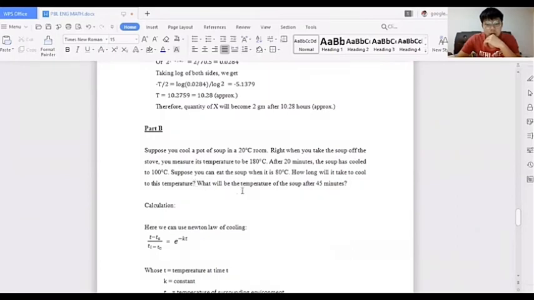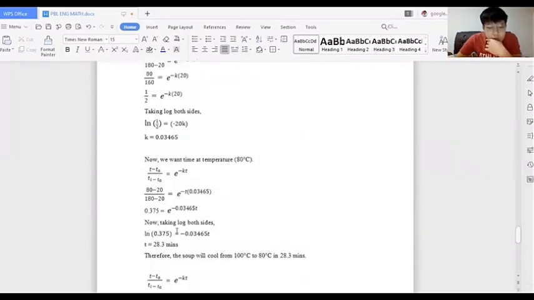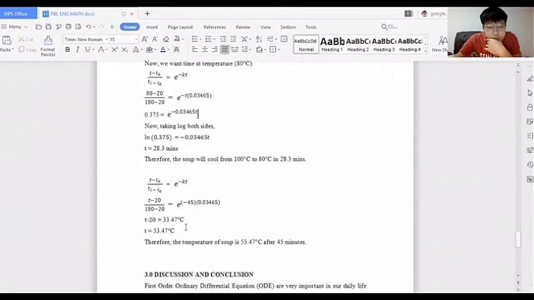So we're going to find out the temperature of the soup after 45 minutes. Using the same formula, we sub in the information, and we got T equal to 53.47 degrees Celsius.